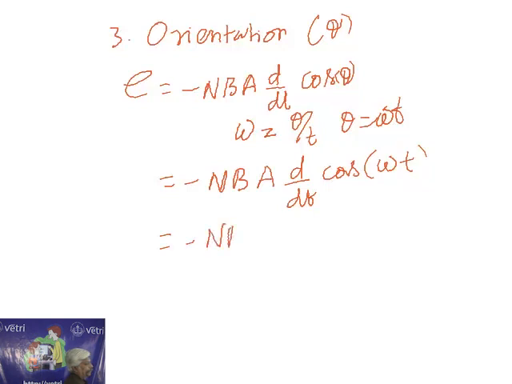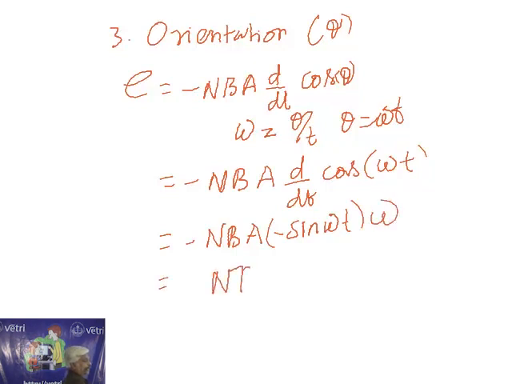Minus N B A d by dt of cos theta gives minus sin theta. Therefore, minus sin omega t into omega. This minus and minus become plus. Therefore, N B A omega sin omega t. So this is the EMF induced.